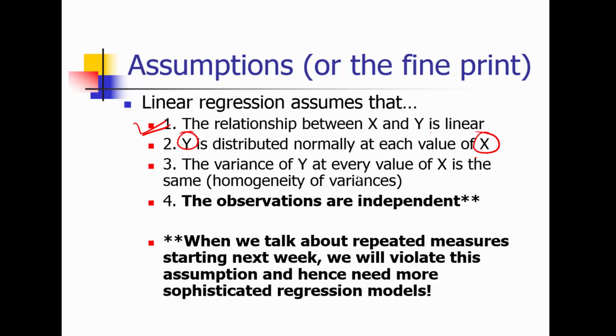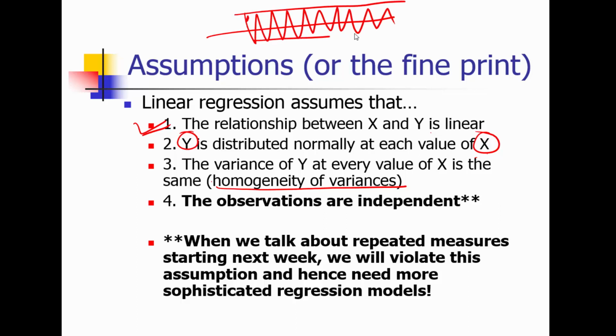The variance of y at each value of x is the same, or homogeneity of variance. That means the y values should vary, and the variance should be constant. If the variation is different at different places of x, then that's a problem, and we call that the problem of heteroscedasticity. The observations are independent, or in technical terms IID, which means independently and identically distributed.